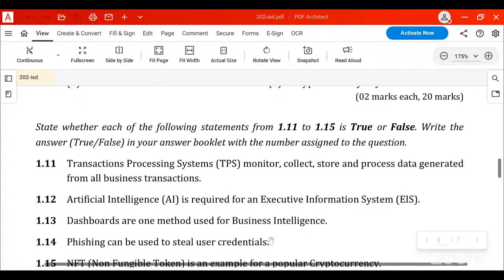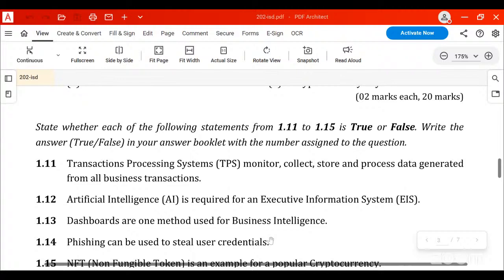Transaction processing systems, TPS, monitor, collect, store, and process data generated from all business transactions. That is true.